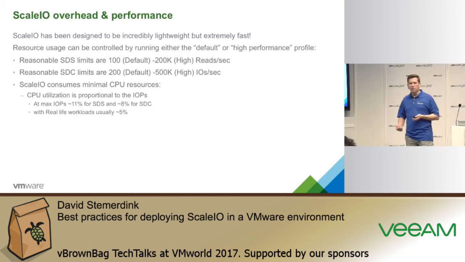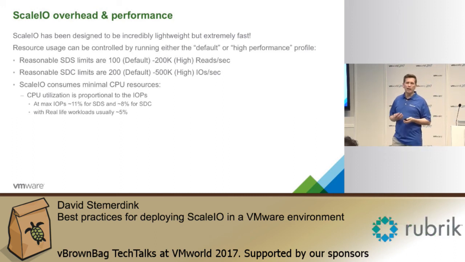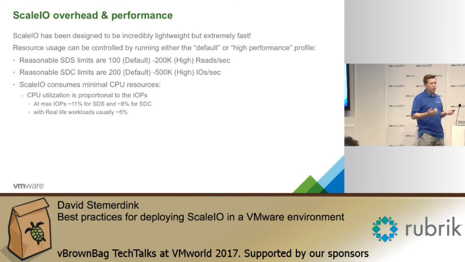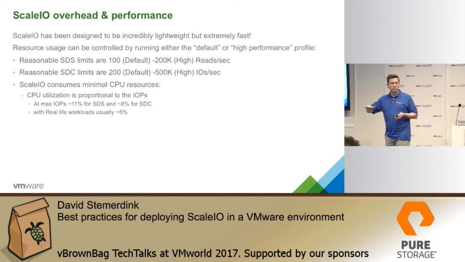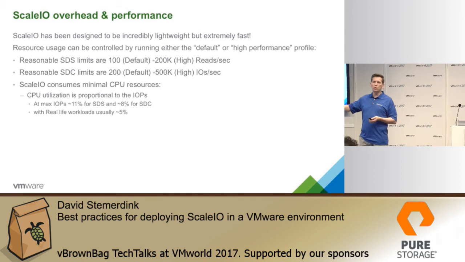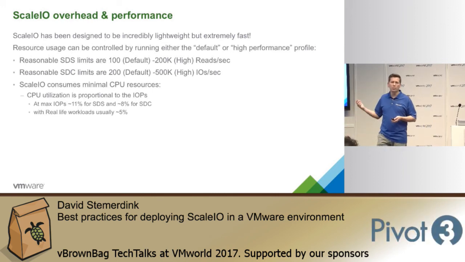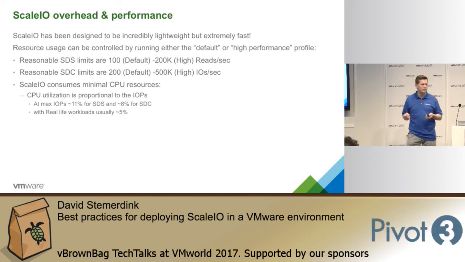When we go to high performance, that basically doubles to 8 logical threads. So for a modern CPU, that would basically mean that about 11% is used for running ScaleIO on one of these systems, with some pretty impressive numbers, I would say.